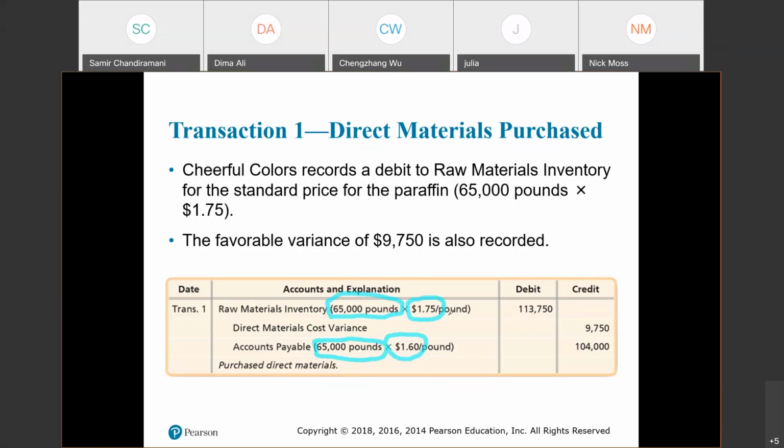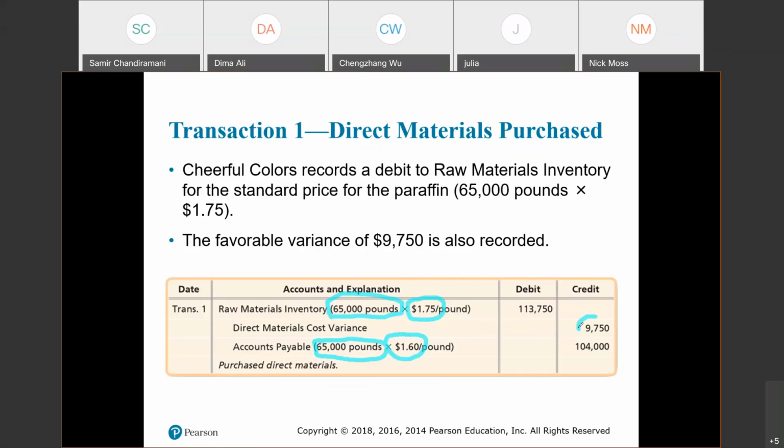Maintaining raw material inventory at a higher standard cost and the accounts payable at a lower cost causes a difference. So this difference, as you know, is actually the direct material cost variance. So we credit or debit the direct material cost variance account for this number.